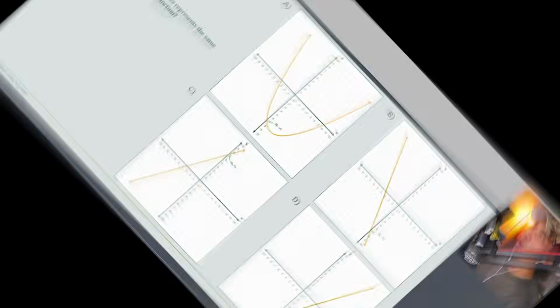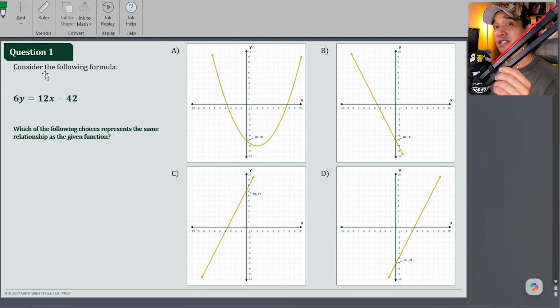Let's just go ahead and start Practice Test 3. Question number 1. Consider the following formula: 6y = 12x - 42. Let me get my marker. What number can go into all three of these terms?